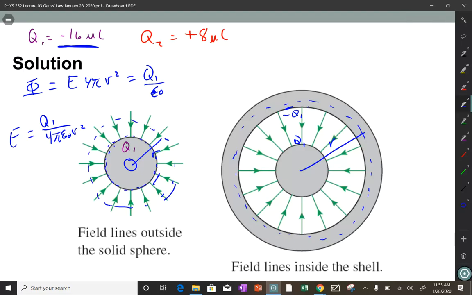So why do we have Q2? This shell has a total charge of plus 8, and we have plus 16 on the inside, so how much do we have to have on the outside? Minus 8.